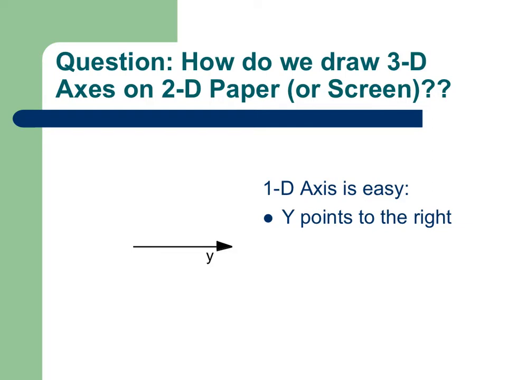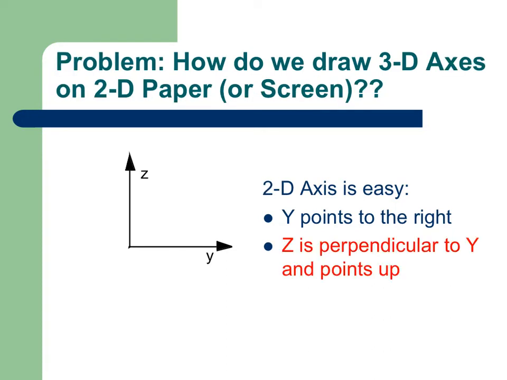Here's an axis that I've labeled Y. Y clearly points to the right. And if I add a Z-axis, most of us can agree that Z is going to be perpendicular to the Y-axis, and in this image it sure looks to me like Z is pointing up and Y is pointing off to the right.